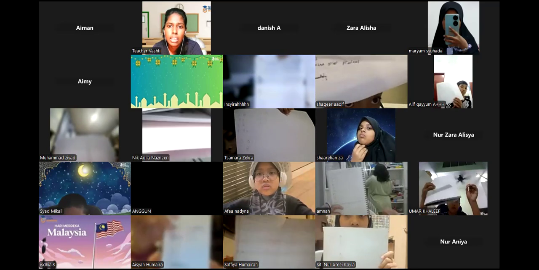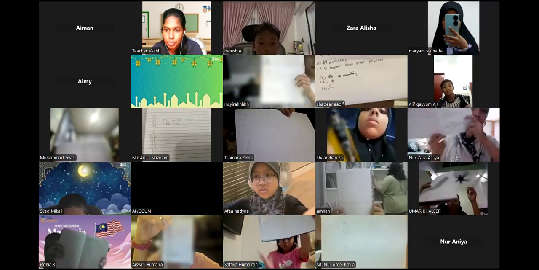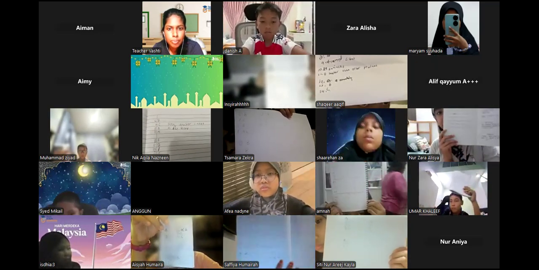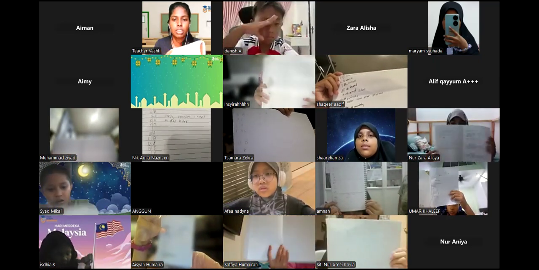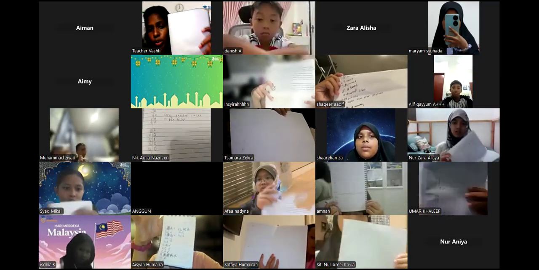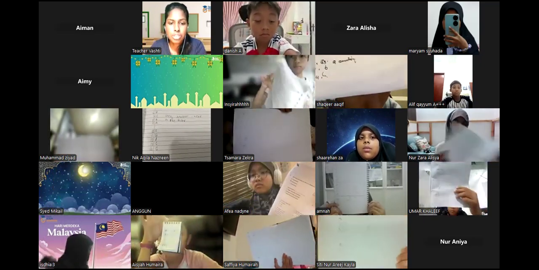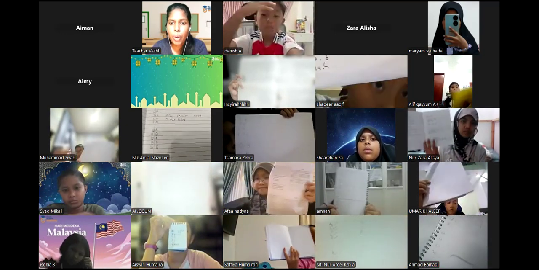Mariam, where's your paper? I said, show me your paper. Show me your paper or your book, the one that you have written your answers on. Where did you write your answers?